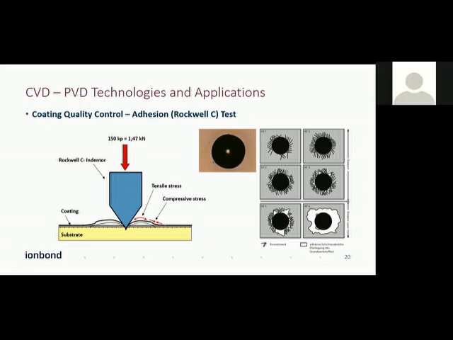Okay. So the other question is, what is the time required for 12 microns in the cathode arc PVD process? Basically, there are two types of time we need to consider.